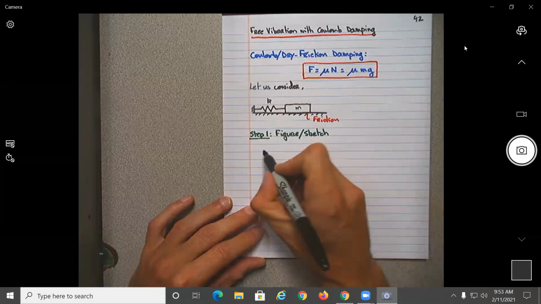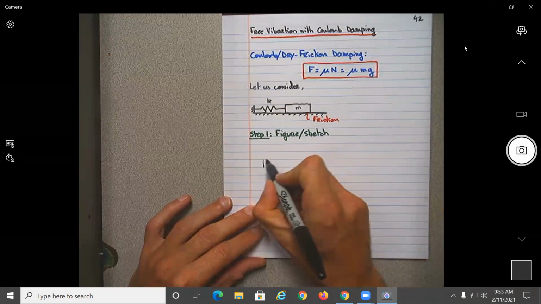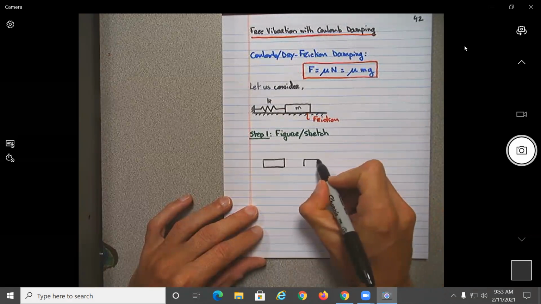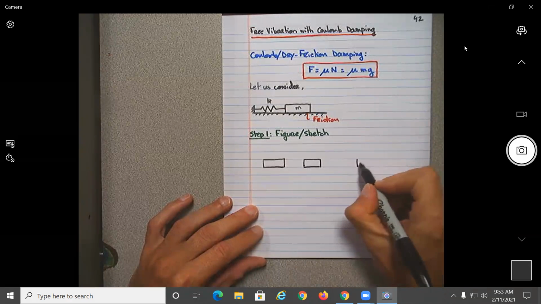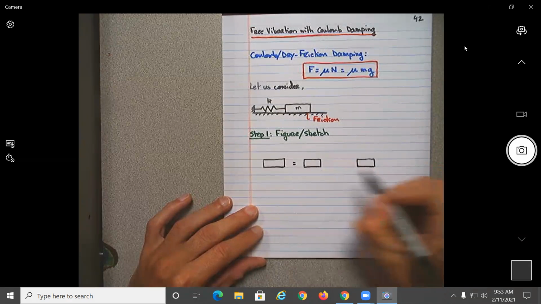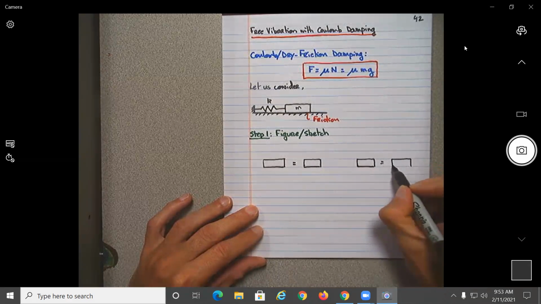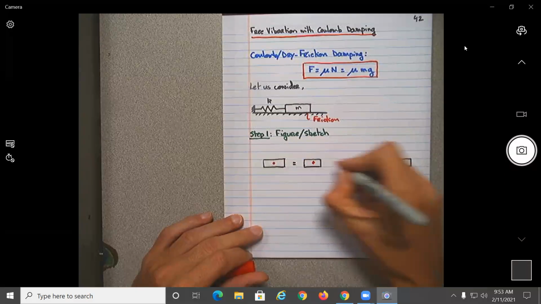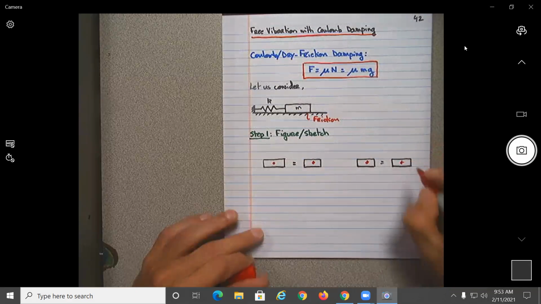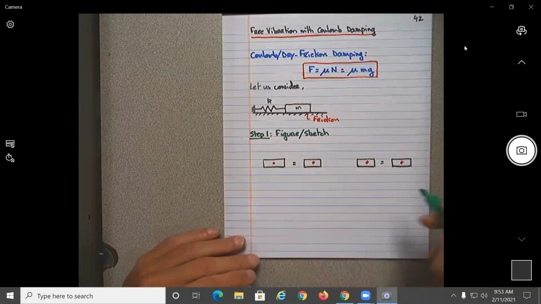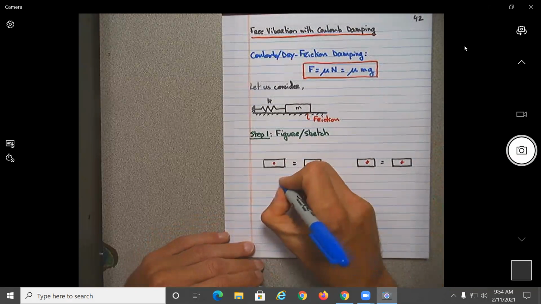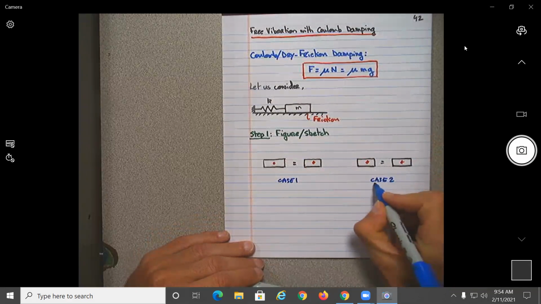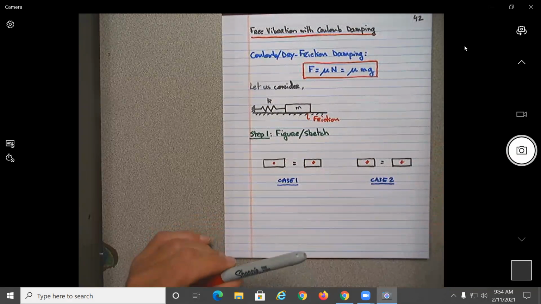Let's put some space here. Let's call this one case 1, and this one case 2.